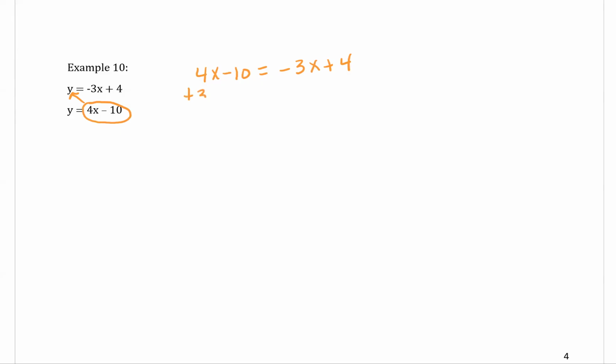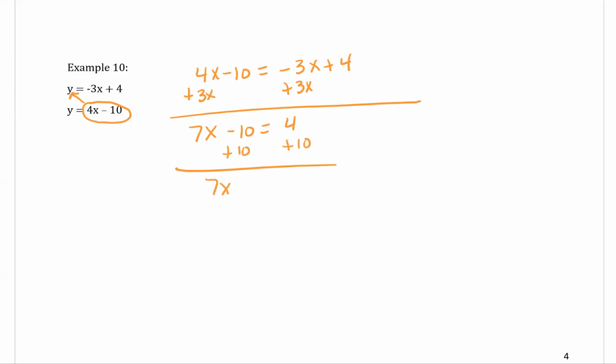I'm going to add 3x to both sides. Add 10 to both sides. And divide both sides by 7. x is equal to 2. Plug in x equals 2 into one of the originals.